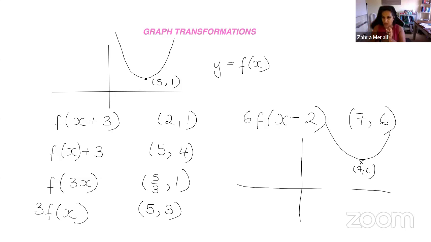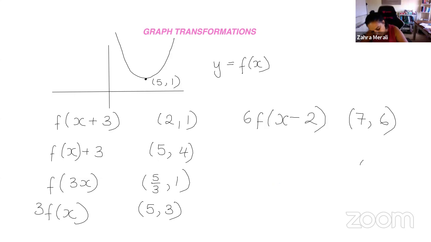The only time there isn't an opposite is when you have a negative sign. So if I was to have f(-x), there really isn't an opposite to a minus. So in this case, it affects the x because it's inside the bracket. The y stays the same.